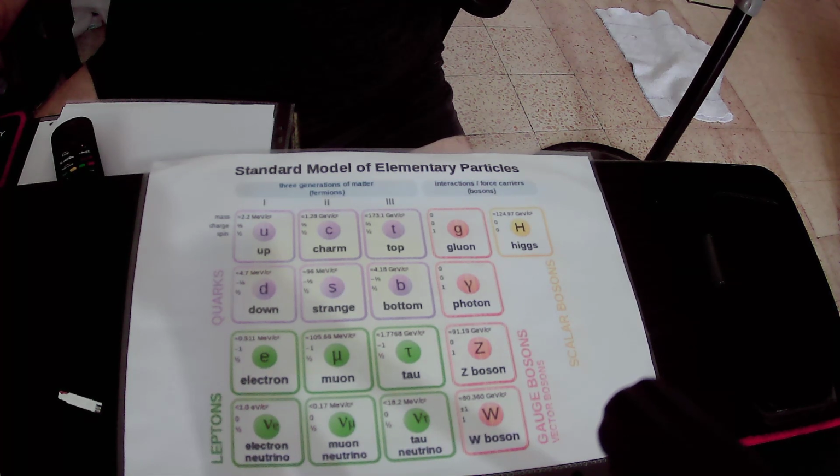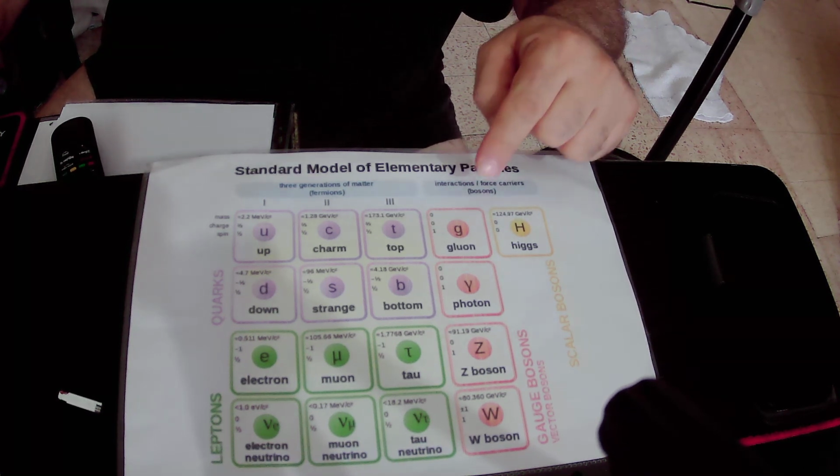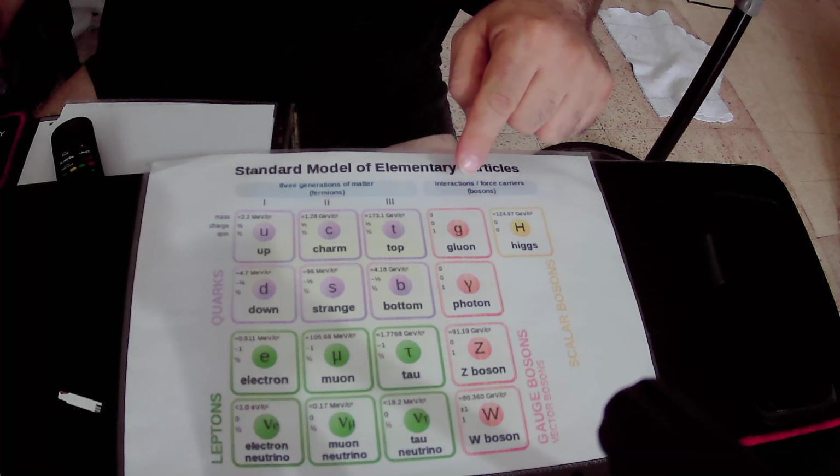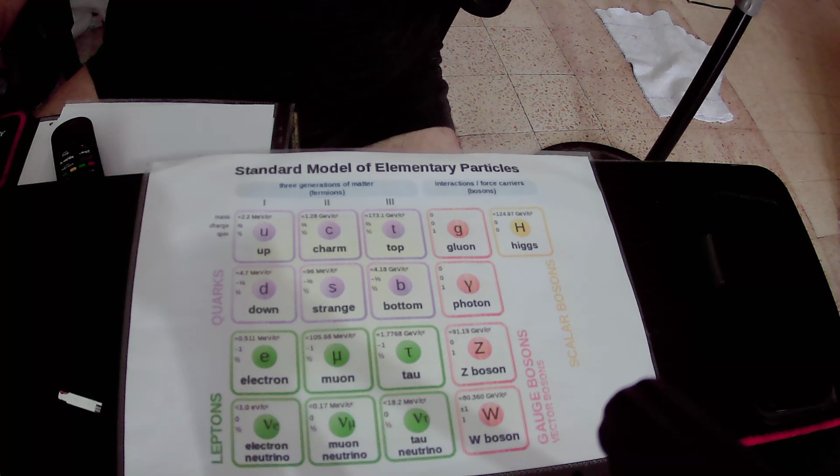The force that explains how electrically charged particles interact with each other. Then we have the gluon that carries the strong force, the force that binds the protons together in the nucleus of the atom.